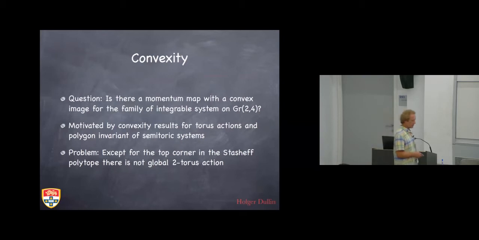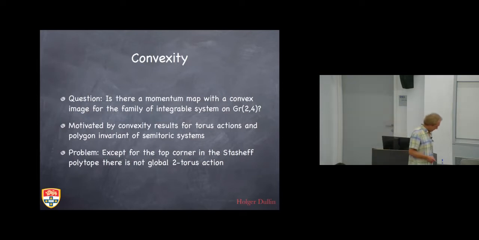So now I'm coming to the second polytope. I wanted to ask, is there a momentum map with a convex image for this family? And of course, we have this one system at the top, which has a T2 action. So there's a toric action on S2 cross S2, and that will have a Delzant polytope associated to it. But what I want to suggest is a different moment map that leads to this triangle.